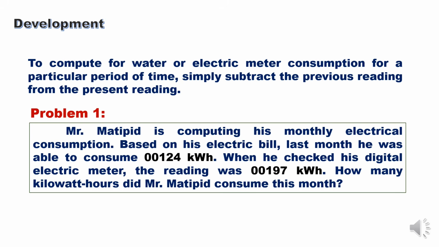Last month, he was able to consume 0.0124 kilowatt-hour. When he checked his digital electric meter, the reading was 0.0197 kilowatt-hour. How many kilowatt-hours did Mr. Matipid consume this month?